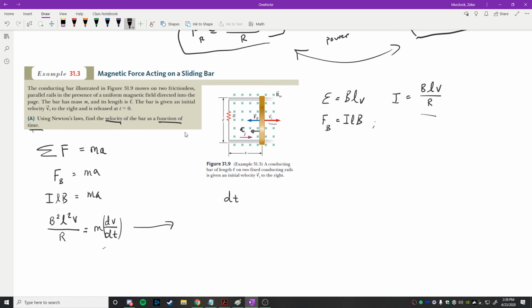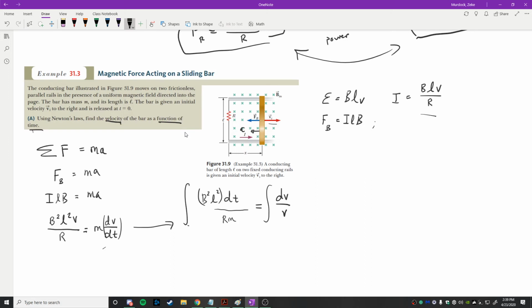Let's see. So we have dt, and what's left over here on the left? It's dt divided by r times m, and then in the numerator we have B squared L squared, right? And then on the right-hand side we're going to have dv over v, right? Does that look right to you guys? We integrate both sides.